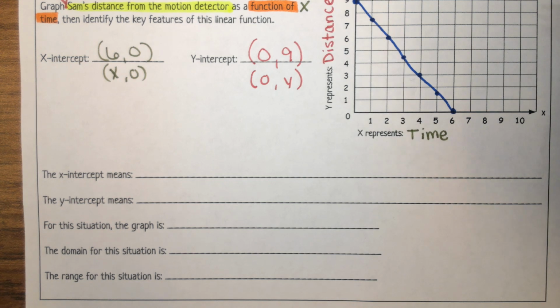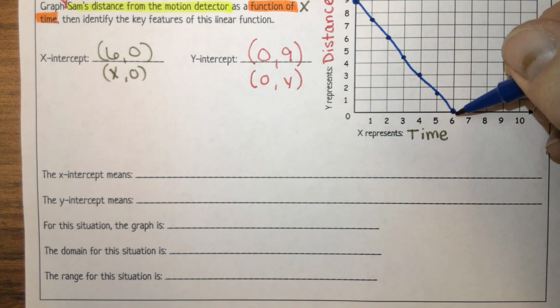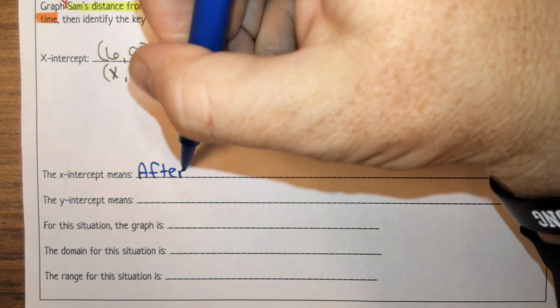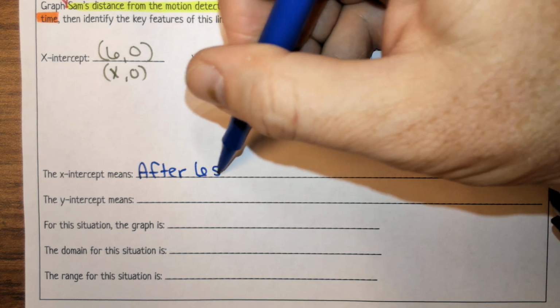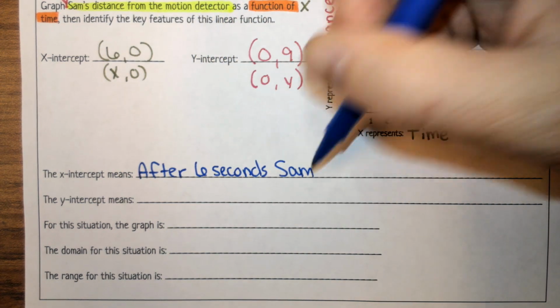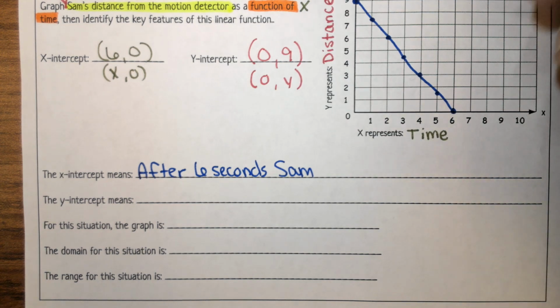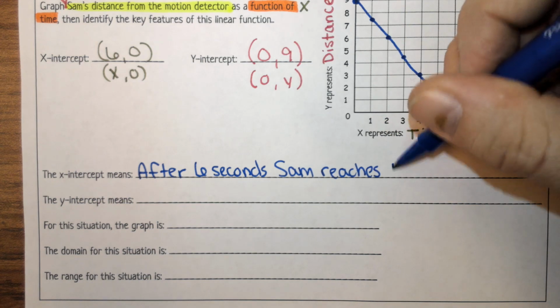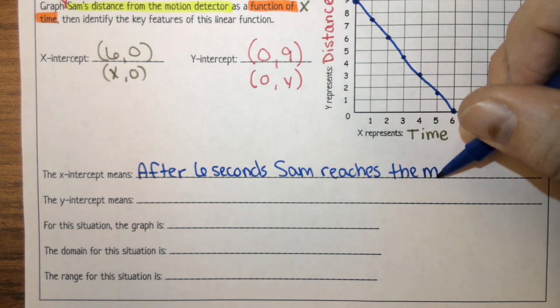So the x-intercept means that after 6 seconds, I have reached the motion detector. So that's what we're going to write. After 6 seconds, Sam, because that's who we're talking about, Sam reaches the motion detector.